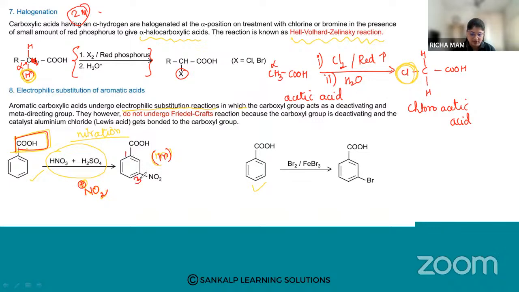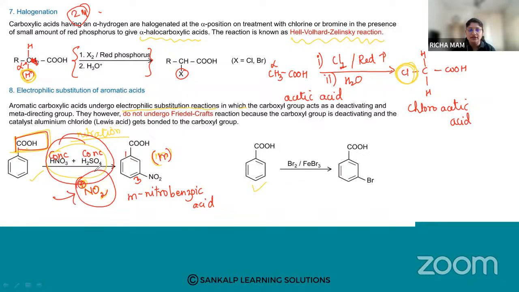So it is the 1,3 position, and it is metanitrobenzoic acid. So the incoming electrophile will be positioned at the meta position and you get this product. This is our first ring substitution reaction, that is nitration.